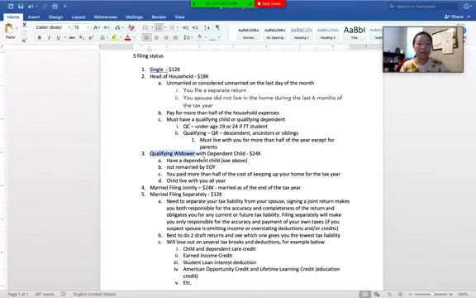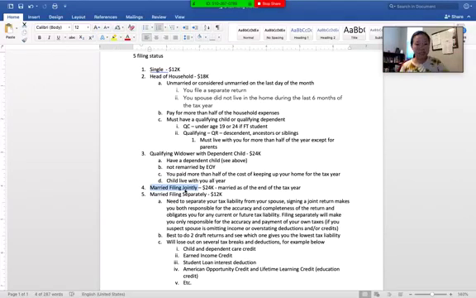If your spouse passes away during the tax year, then for that year you can do married filing jointly or separately, because you're still considered married for that year.